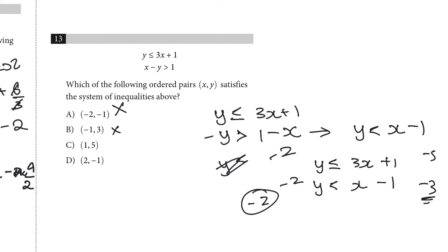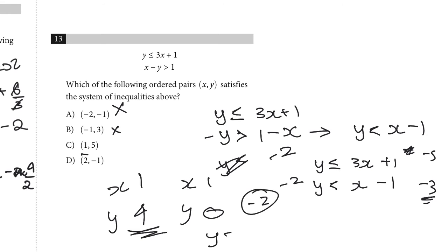Okay, let's take C. We'd have 4 over here, right? After substituting, if x is this, y is this. If x is equal to 1, this would be 4, and for the other one, if x is equal to 1, minus 1 would be 0.